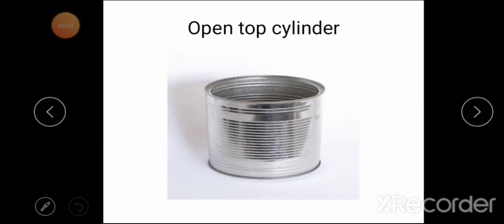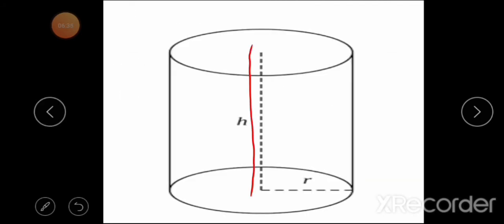The formula for the curved surface area is simply the circumference of the base times the height.